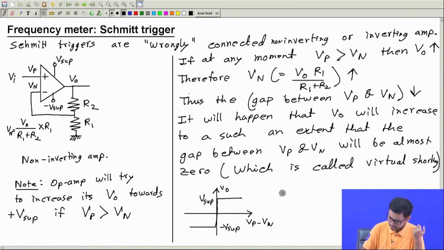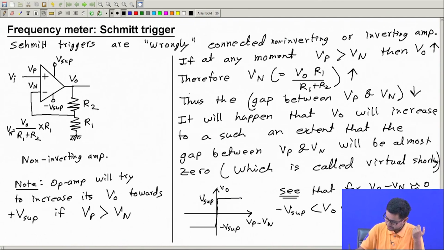So just see that for Vp minus Vn close to 0, Vo lies between plus minus V supply. Let me rather write: minus V supply less than Vo less than V supply. So this is in this small region.